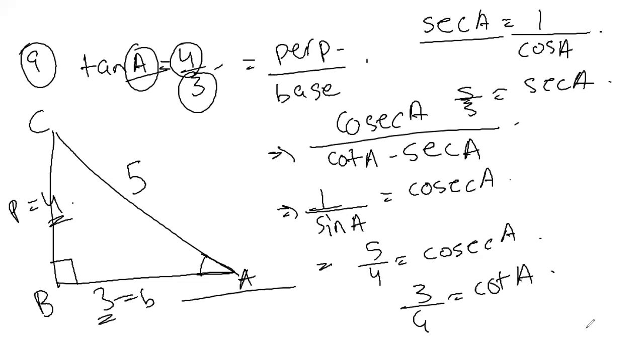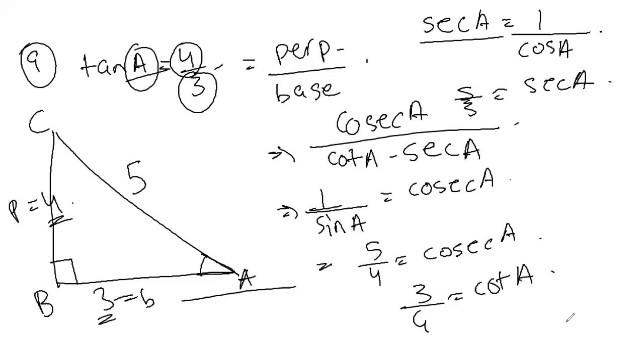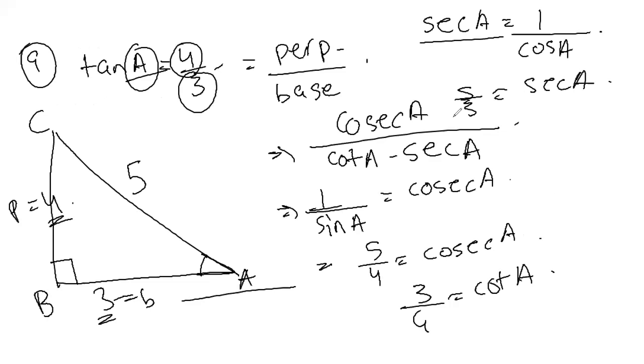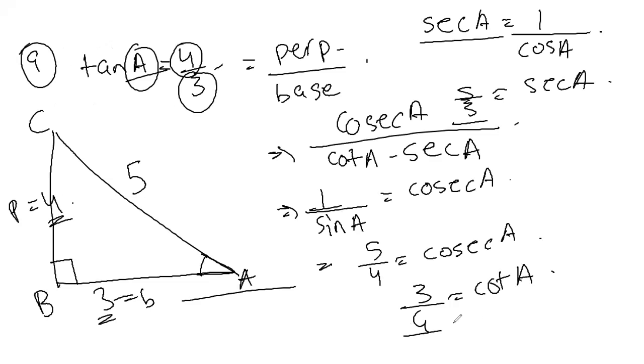And then we substitute our values. From the previous page, our cosecant A is equal to 5 upon 4, our secant A is equal to 5 upon 3, and the last value that we calculated is cot A, which is 3 upon 4.